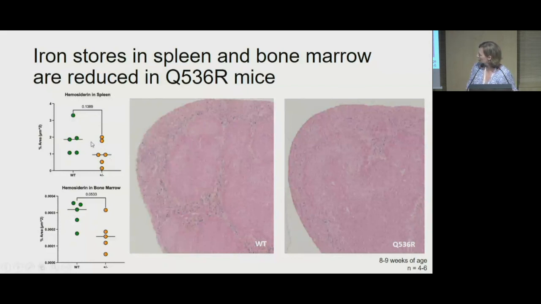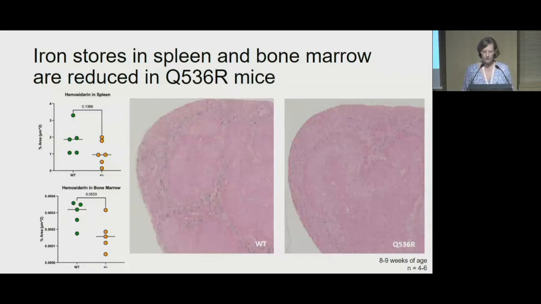And you could see that there was less stored iron in the spleen, which is kind of a storage tissue for iron, and also in the functional pools of iron, which is in the bone marrow. She studied the sternum bone marrow and stained that for hemosiderin as well.